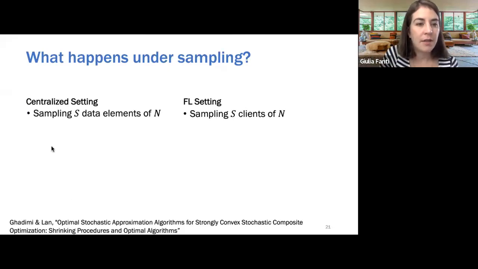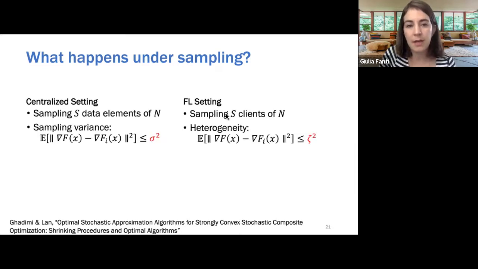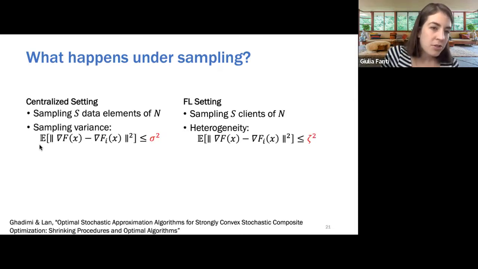In the centralized setting, at each iteration of our optimization, we're sampling S data elements out of N. Whereas in the federated learning setting, we're sampling S clients out of N. In the finite sum convex optimization setting, our sampling variance satisfies this relation, where sigma squared is our sampling variance. And the thing to notice is that this looks basically identical to our definition of heterogeneity, with the exception that here they're using notation sigma and here we're using zeta squared.